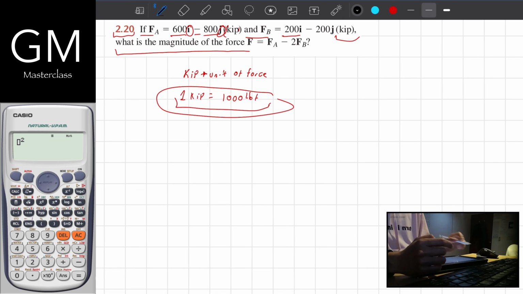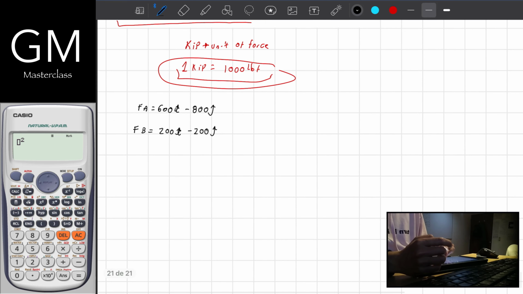Why is that? Because here FA is equal to 600 in the I direction minus 800 in the J direction, and FB is equal to 200 in the I direction minus 200 in the J direction.